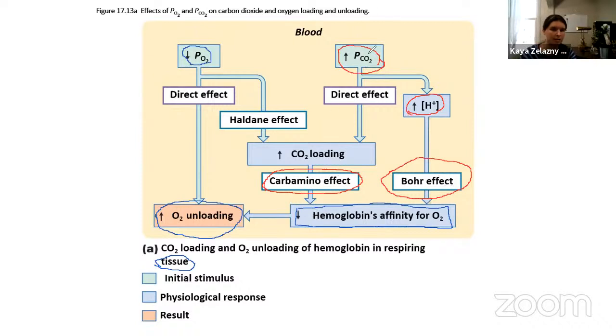And if we have higher CO2, that is also going to create more carbon dioxide loading. When we have hemoglobin and carbon dioxide bound together, that's the Carbamino effect. This Haldane effect is just telling us from that previous slide that when we have lower PO2, it's even easier for us to have lots of CO2.